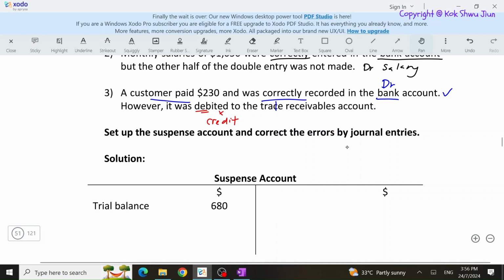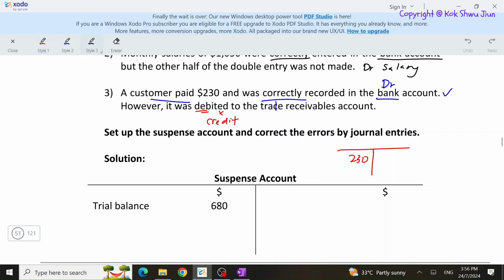Because why? By right, I want it to be here, 230, for example, on the credit side. Now you put it here, wrongly debited. If I want to correct this error, I have to go to the credit side. I put 230 here, but this account will become 0. I need to have a credit 230.